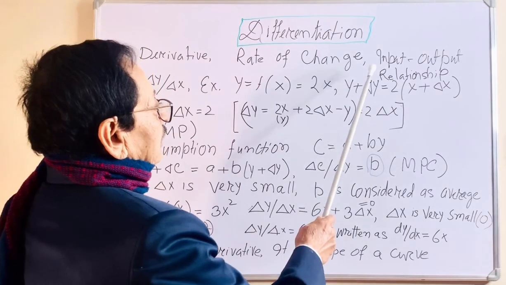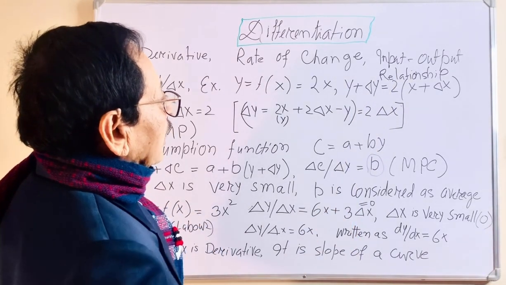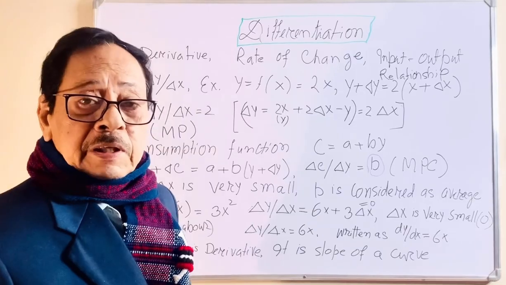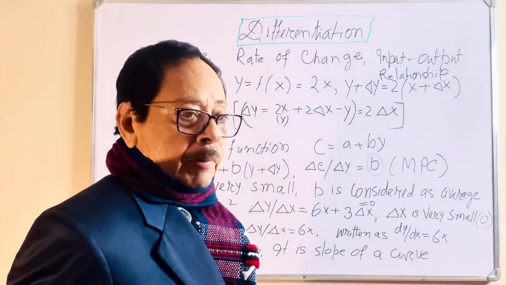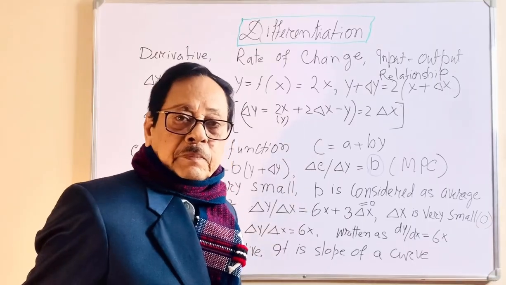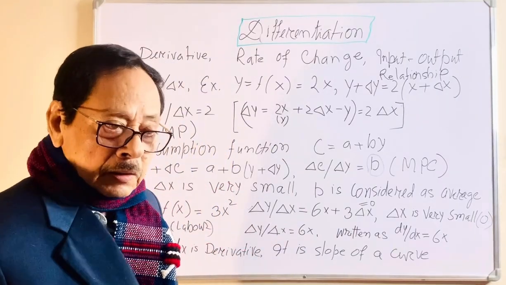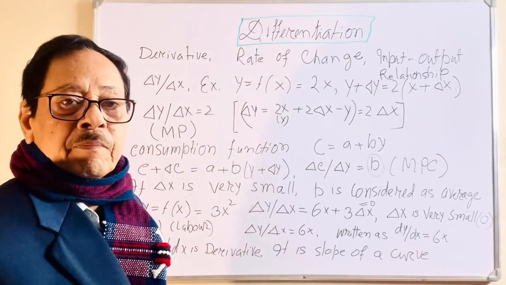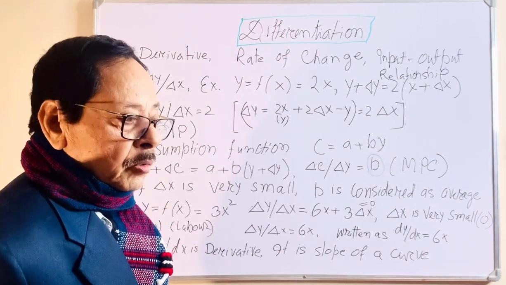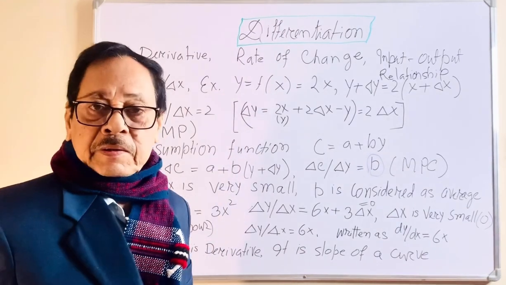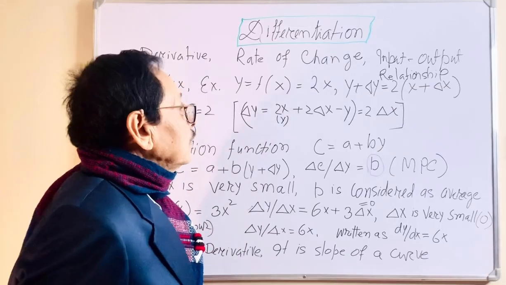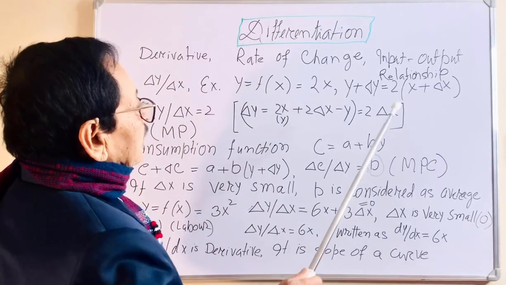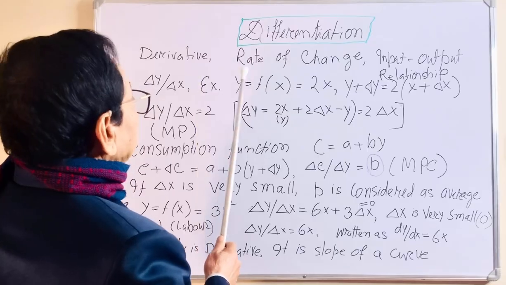We widely come across it in input-output relationships. When we apply a particular input to produce a particular output, what is the rate of change per unit of input use? This is generally studied through derivative.